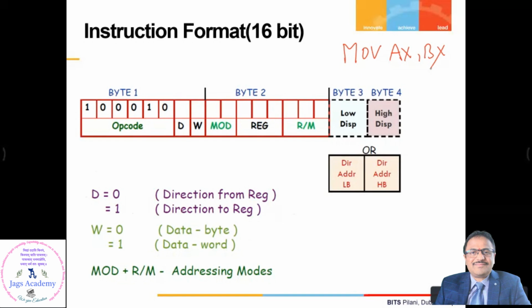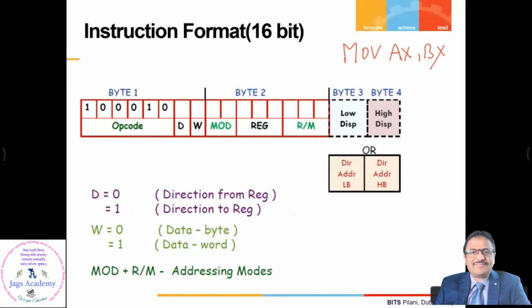For 8086 you have a format for the machine instruction, and you are supposed to follow this format only to represent machine instructions. You need not buy anything; the two tables which I have shared with you on WhatsApp will be given to you in the examination.